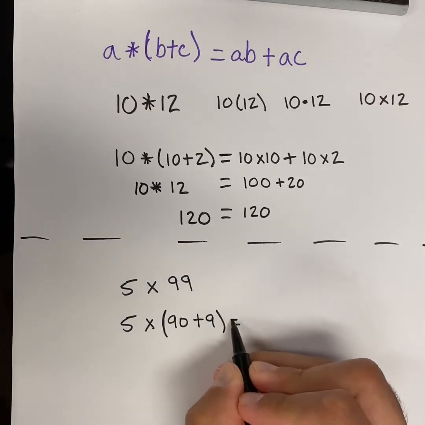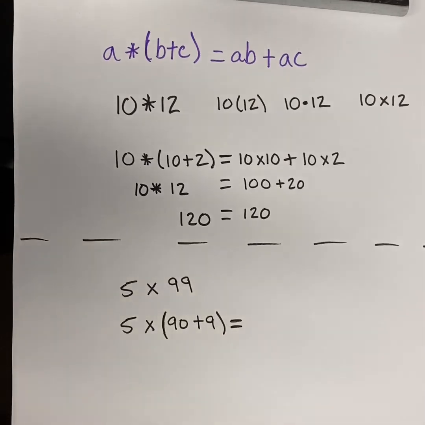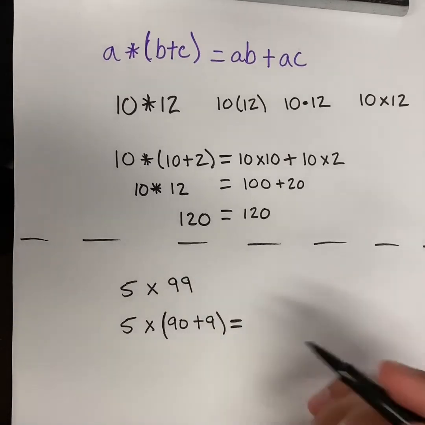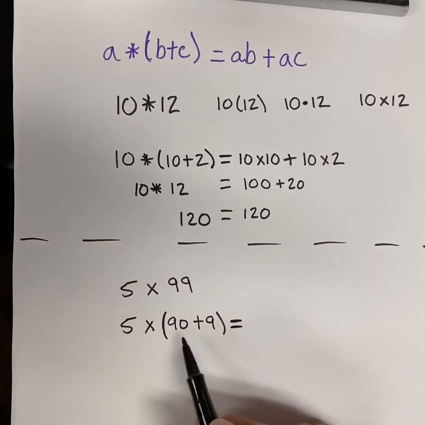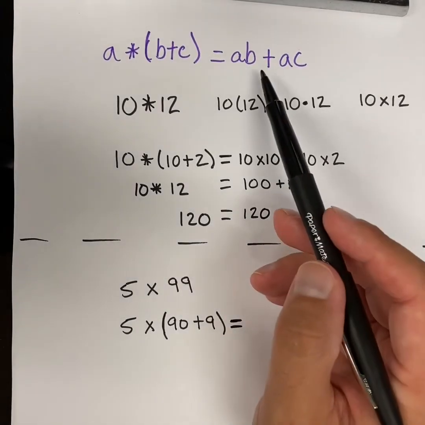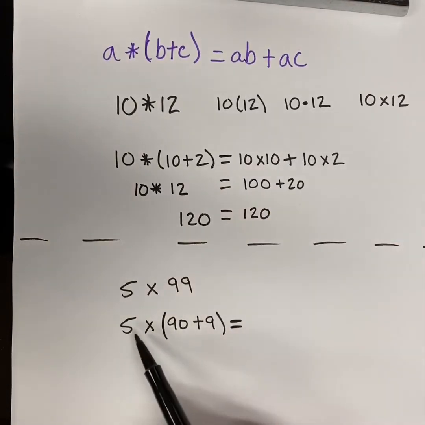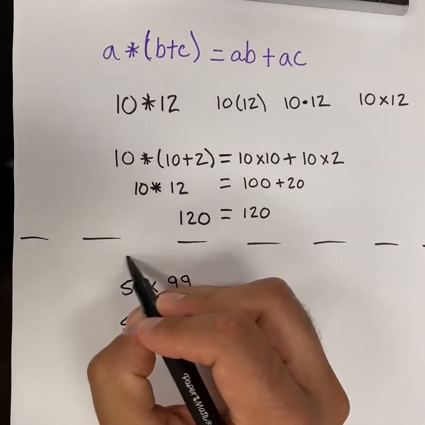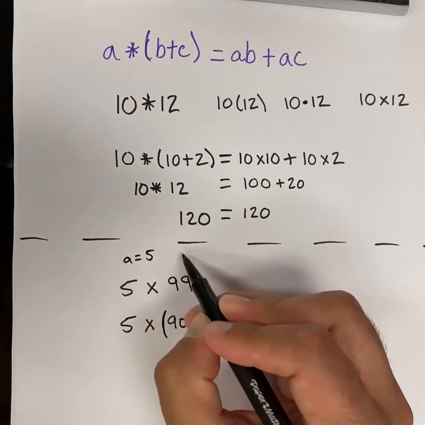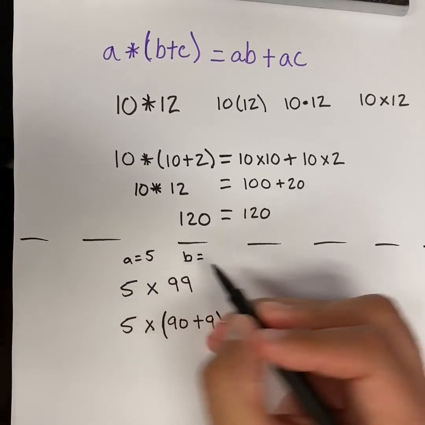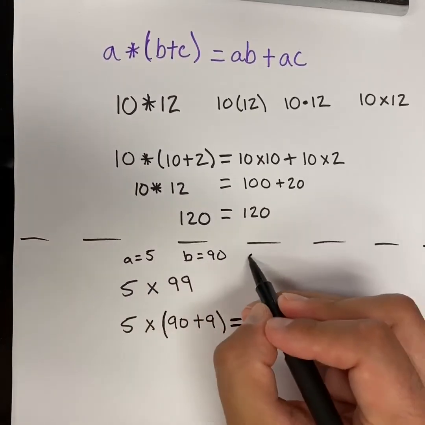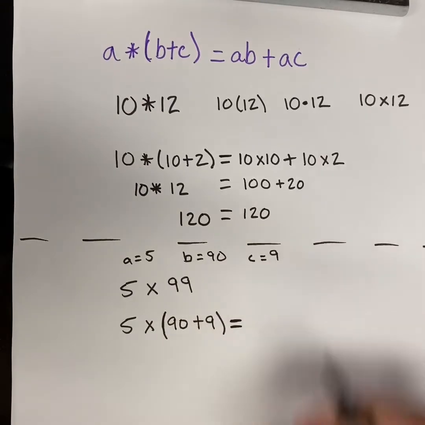Okay. And I'm not expecting you to do that right away, but that's where we want to get to with our ability to manipulate and work with numbers. So if we were to work this out, let's go back to our distributive property. A times (B plus C), in this case our A is 5, our B in this case is 90, and our C is 9.